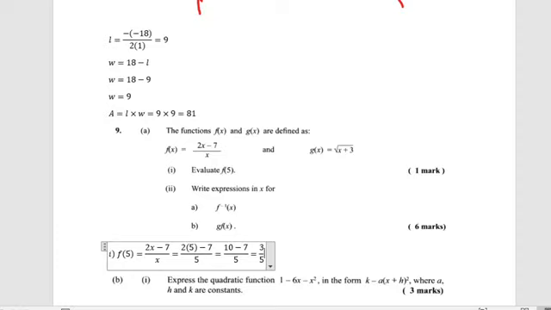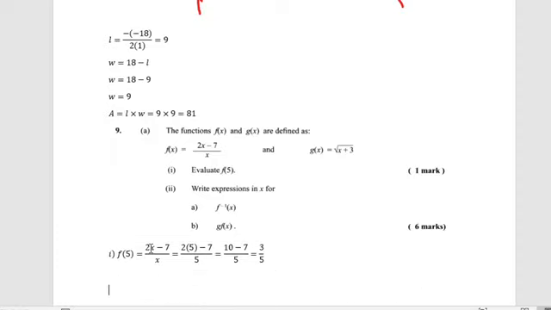That is our 1 mark there. Part 2 says write expressions in x for f inverse of x. f of x is the same as y, so you're saying y is equal to the equation that is given, then you substitute your y's for your x's and x's for your y's, and solve for y all over again.